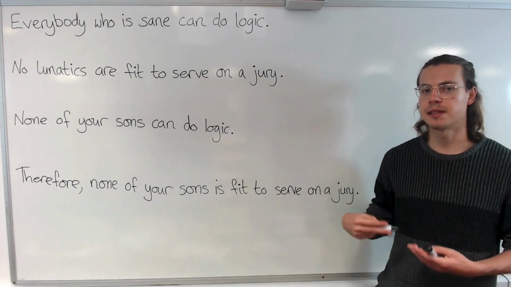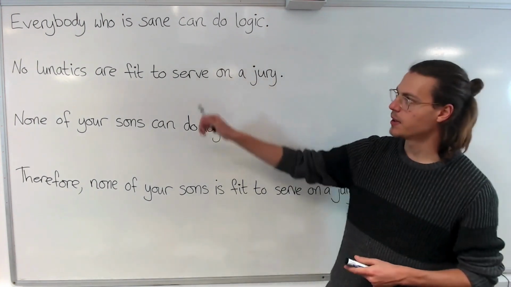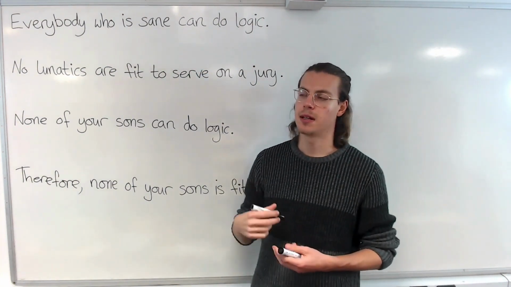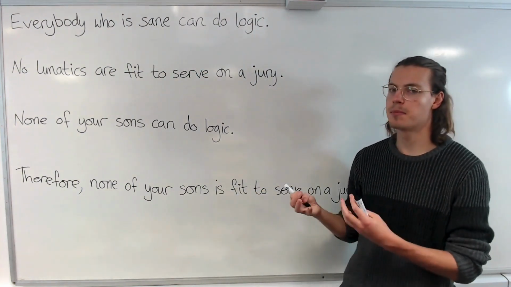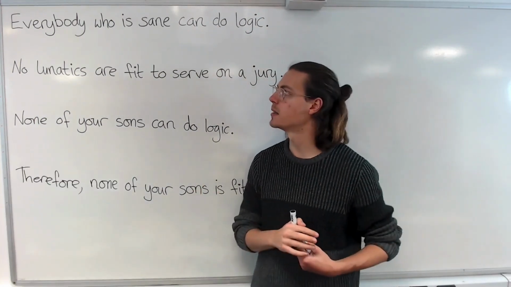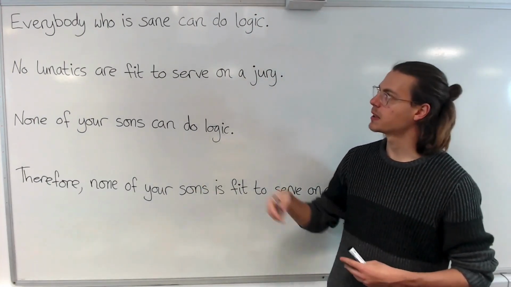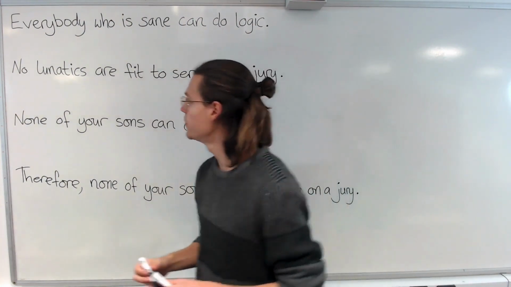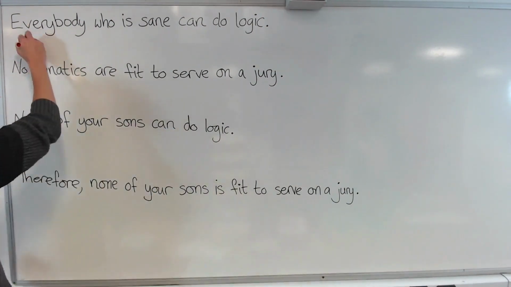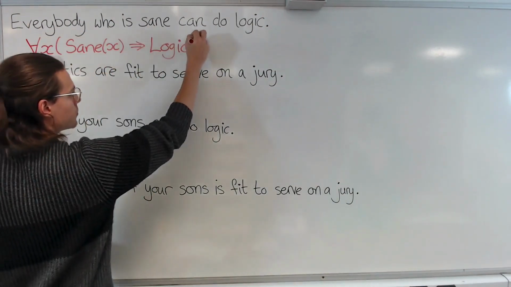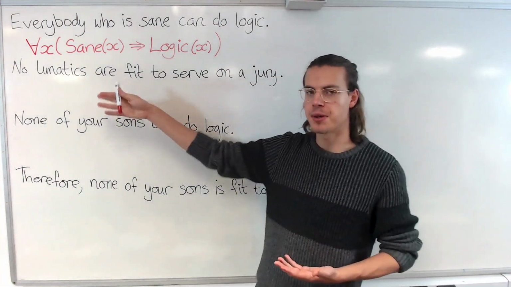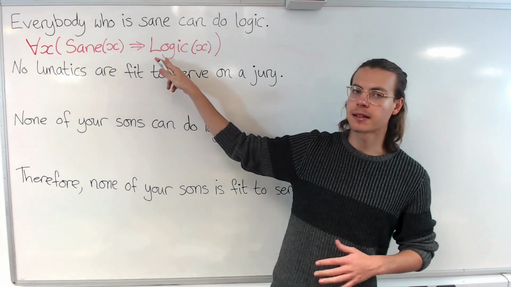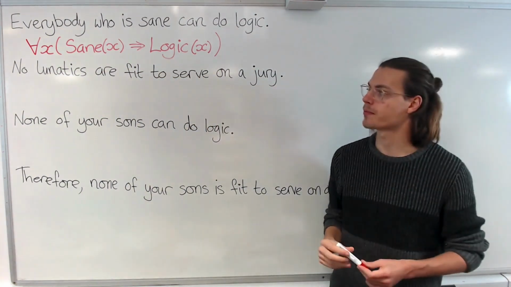So let's express each of the statements in predicate logic. First up, everybody who is sane can do logic. In other words, for any person X, if X is sane, then X can do logic.